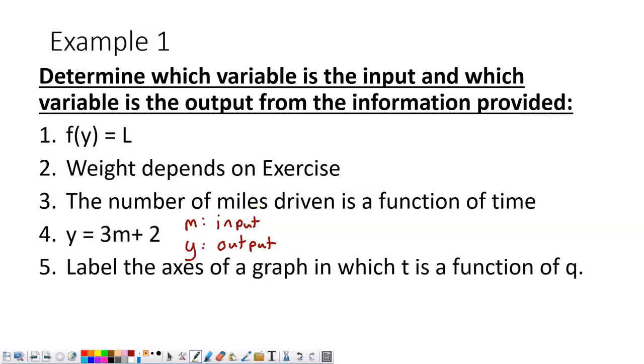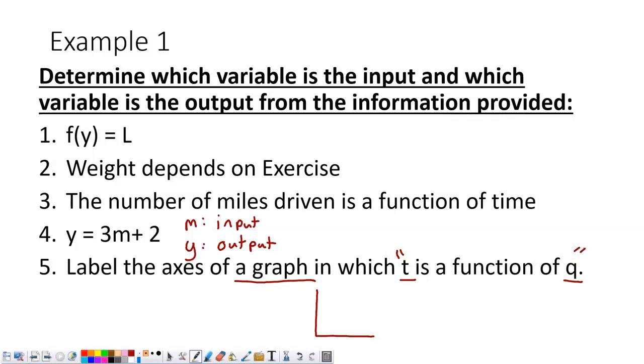Let's go ahead and take a look at number 5. Label the axis of a graph in which t is a function of q. Now, it says t is a function of q. So this is a tricky question because I'm asking you actually to do two different problems. First of all, I want you to make a graph, right? But I also gave you a verbal representation of a function here.